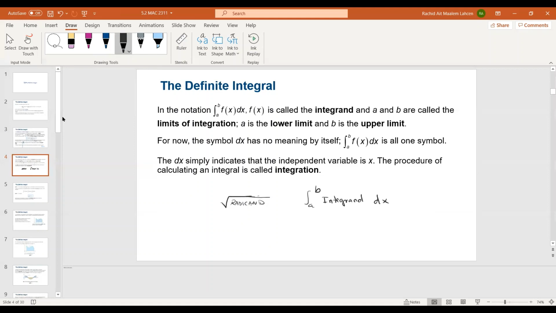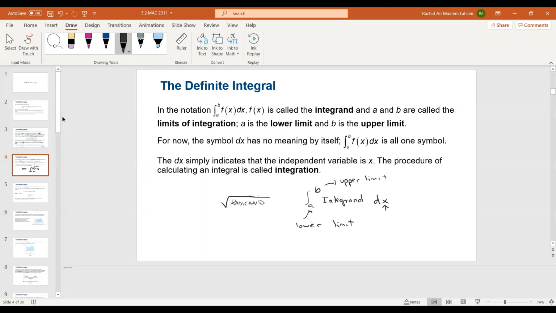And a, b are called the limits. So this is the lower limit, and this is the upper limit. And dx for now, although it has no meaning yet, does show the independent variable that is used. So this serves the purpose. And we saw what it means in the differential calculus part, right?